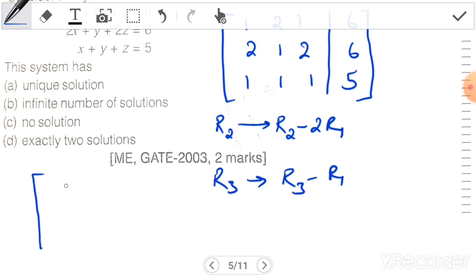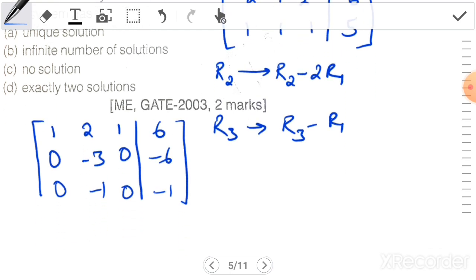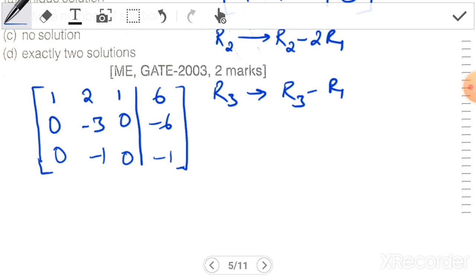It is 1, 2, 1, 6, 0, minus 3, 0, minus 6, 0, minus 1, 0 and minus 1. Now again R3 changes to R3 minus 1 by 3 R2.